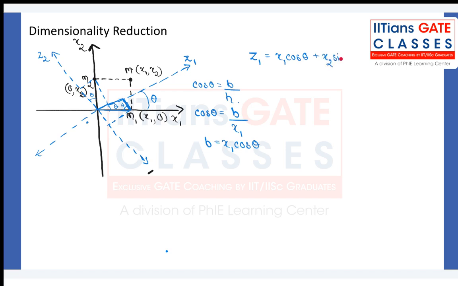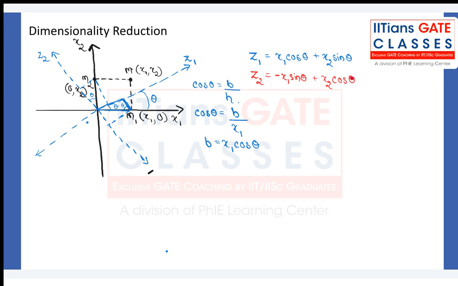Similarly, for z2 it is minus x1 sine theta plus x2 cosine theta.